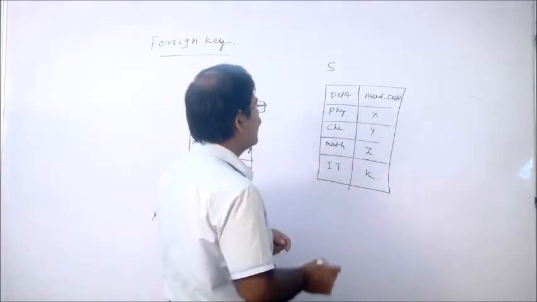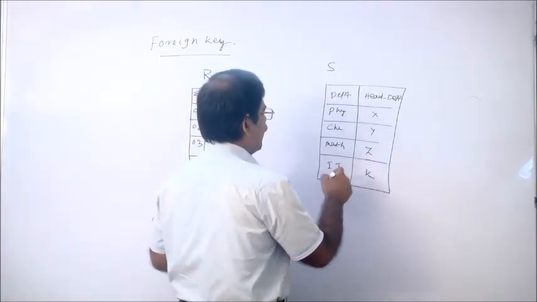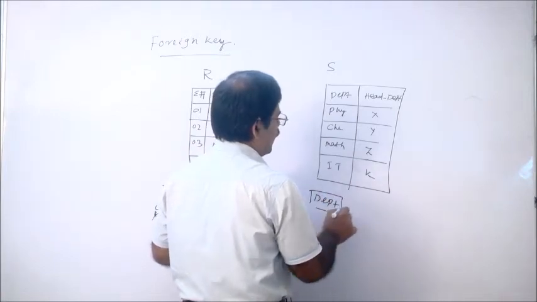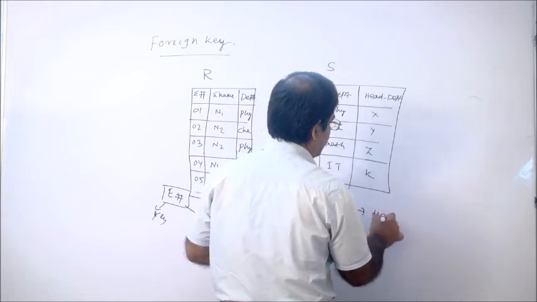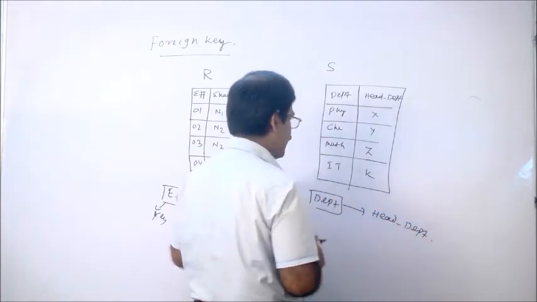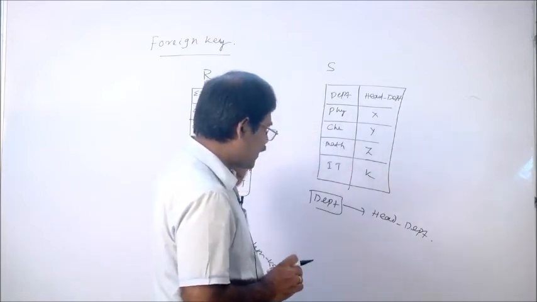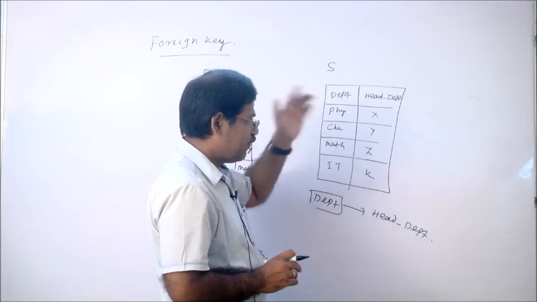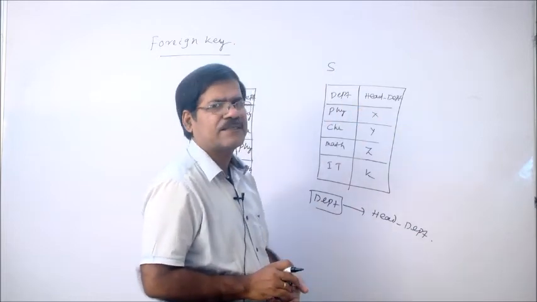But in the second table, if you consider department as a key, then obviously the head of the department is a non key. Here department is unique: physics, chemistry, mathematics, IT. But the head of the department may be duplicated.